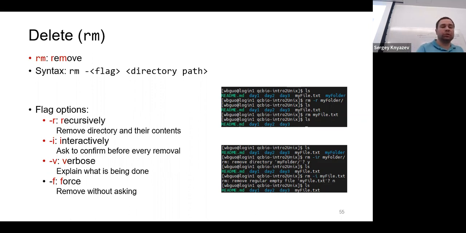It is going to list every single file and folder that is being removed. And the last option is force, that means -f. Sometimes it's useful, especially if you have some permission conflicts. If you remove a directory where you have permission conflicts, it's going to bother you: do you want to delete this file or not? To remove it without asking, you could use the -f option.